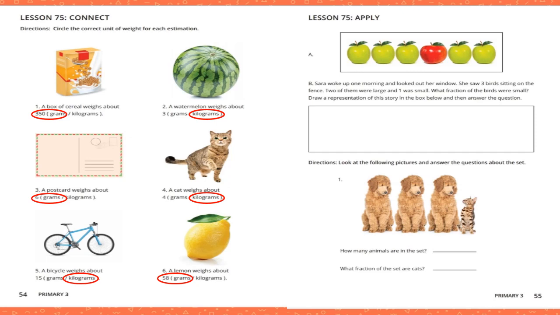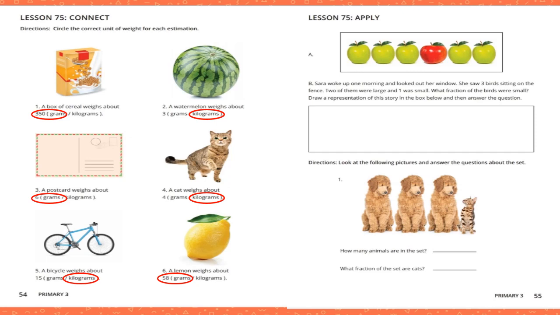Okay? So if I want you to find the fraction of red apples, how many red apples are here? 1. 1 out of what? In the denominator we write the total number. So 1 over 6. The fraction of red apples is 1 over 6.